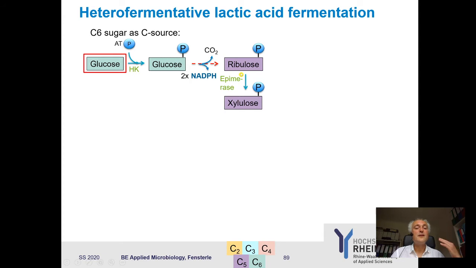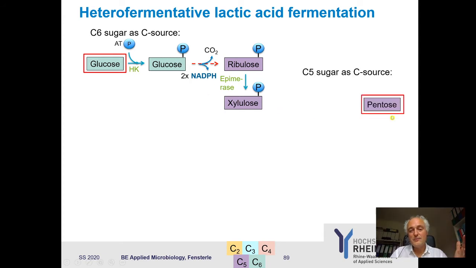Now we have our xylulose. If we have a pentose, we can directly, of course, go to this xylulose. So here, if I feed a pentose and I have a pentose kinase, I produce the pentose phosphate. And depending on what pentoses I have, with epimerases and isomerases, I also can end up with xylulose phosphate.